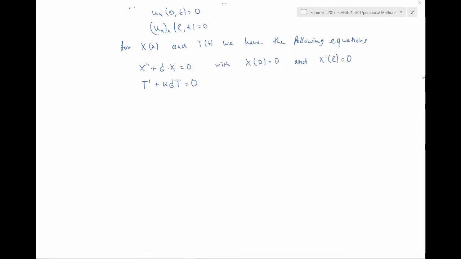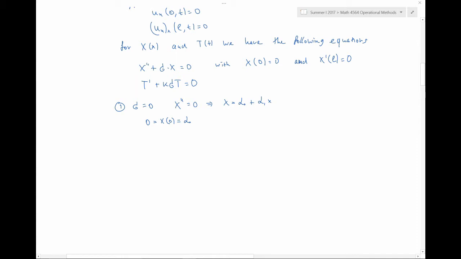Just as before, we consider three different cases. Case 1, sigma being 0. That would mean that X double prime should be 0, which means that X is simply a linear function. Plugging in the boundary conditions, if X(0) is 0, then alpha 0 should be 0.